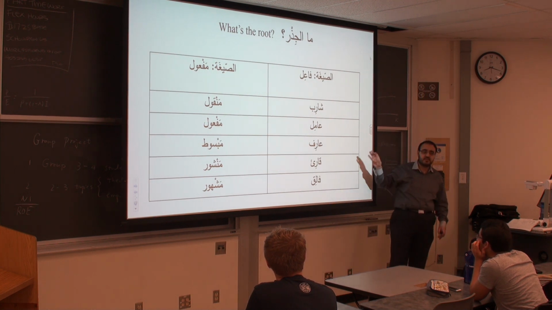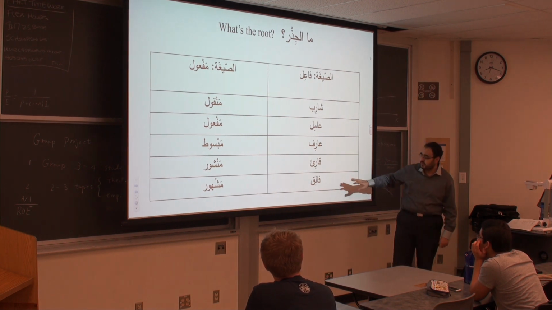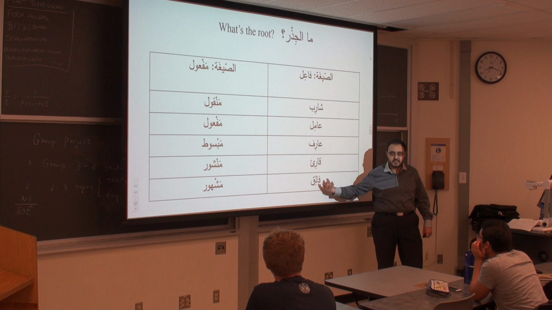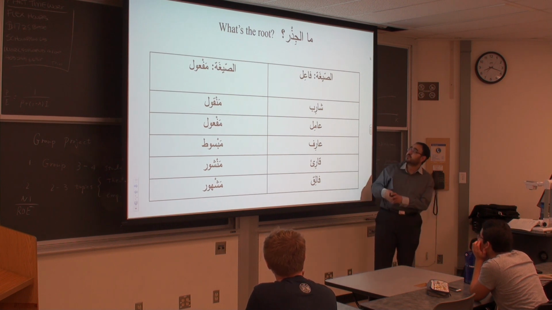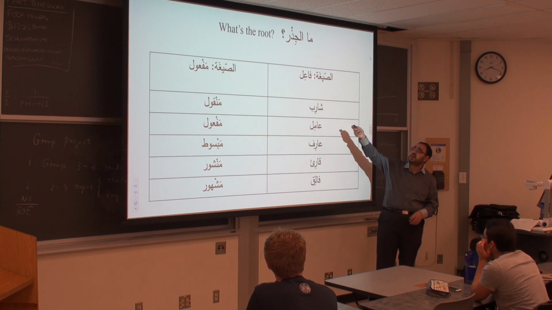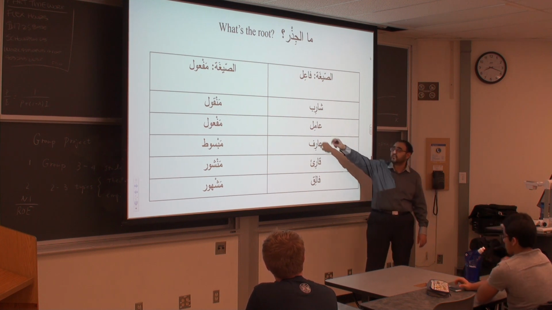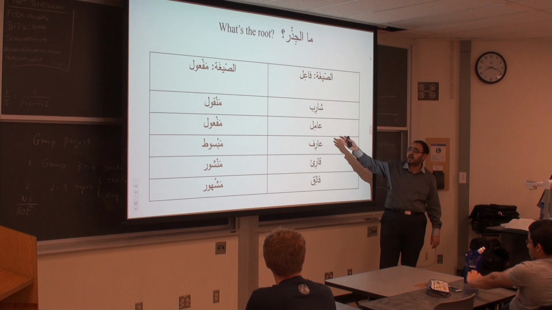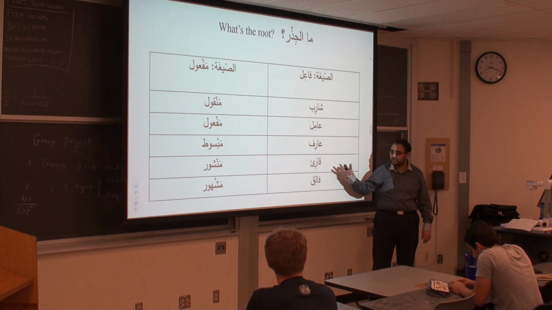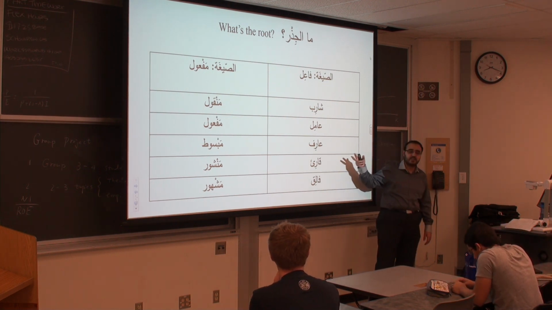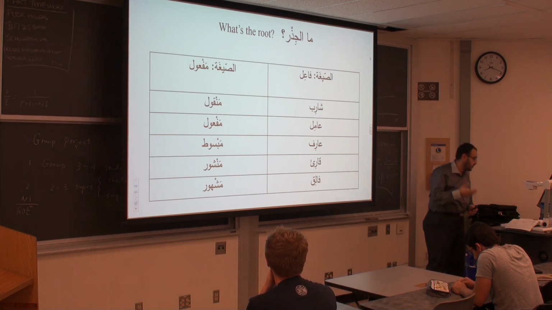In all of these cases, it's just the pattern fa'al. We have nothing added to the pattern. So in these cases, it will be easy to guess the root out, okay? You just remove the alif, okay, and forget about the kasra, and you will have the three letters of the root, so it will be shin, ra, ba, ayn, mim, lam, etc. So no one of you yesterday had a problem with this activity, so we all got it correctly.